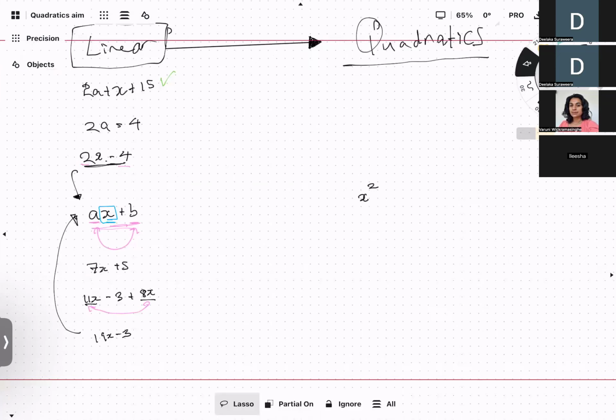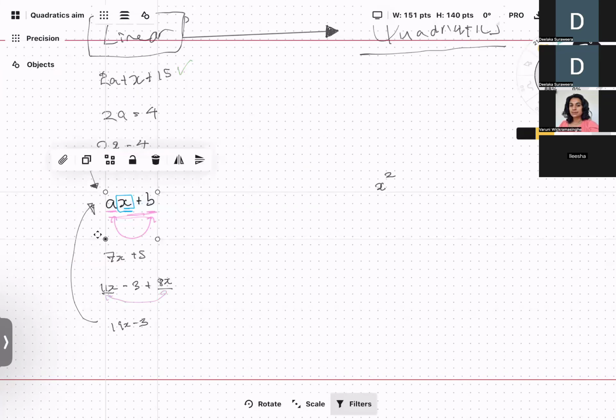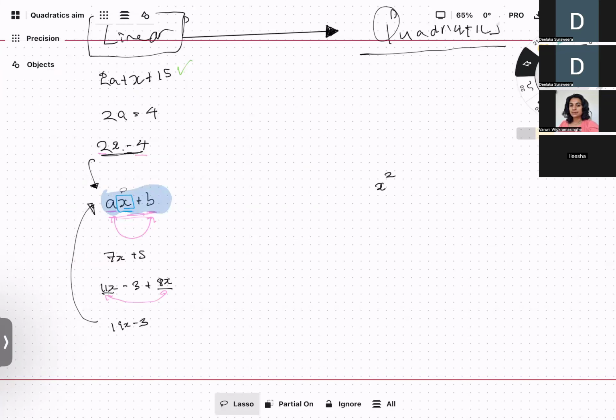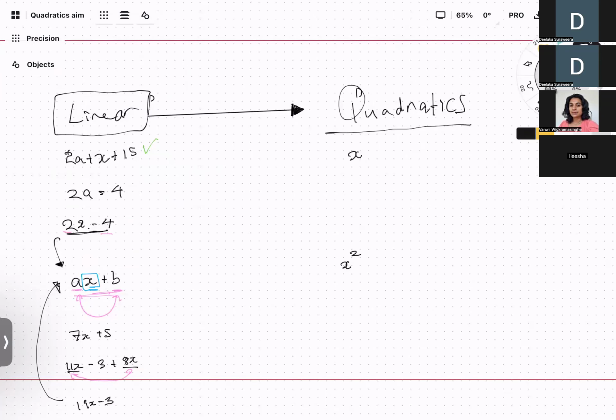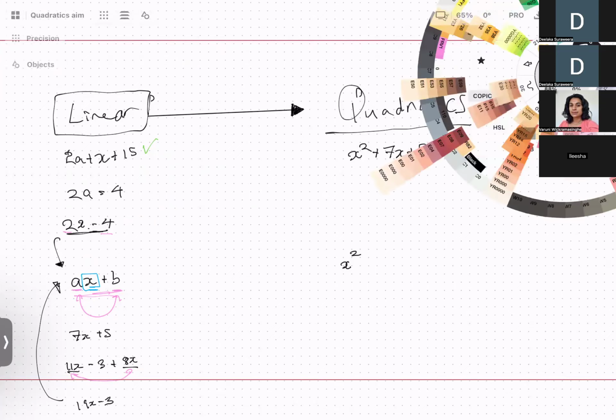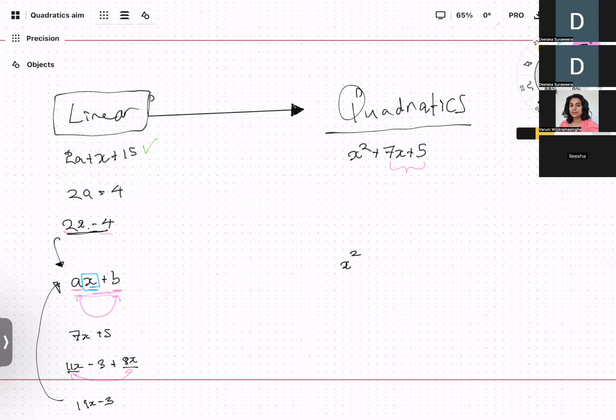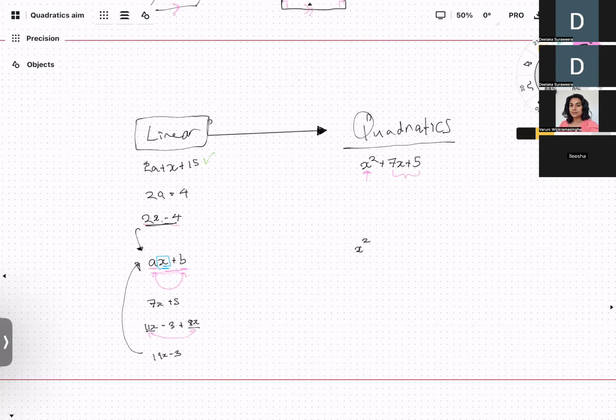In the linear we allowed for constants and this linear term, which is x multiplied by something. But now we're going to allow x squared in it. So you can have x squared plus 7x plus 5. That's a quadratic. So the linear bit, but then you also have this new x squared term. That is what a quadratic is.